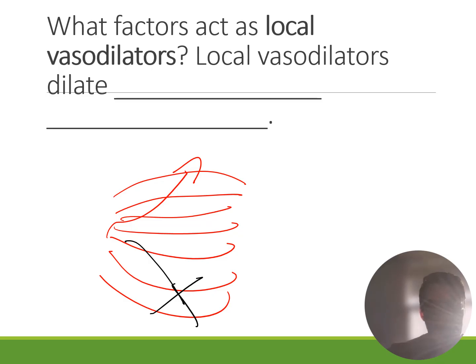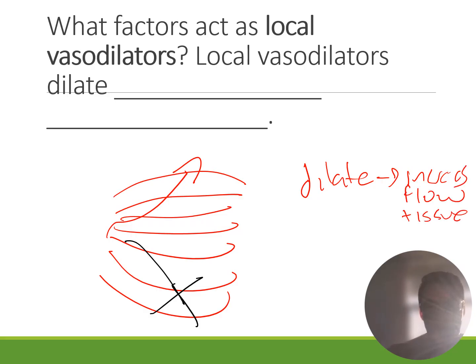So you want to dilate when you want to increase flow in tissues. This section right here will dilate because we want more of this. How do we dilate it? With chemical factors, with local vasodilators.